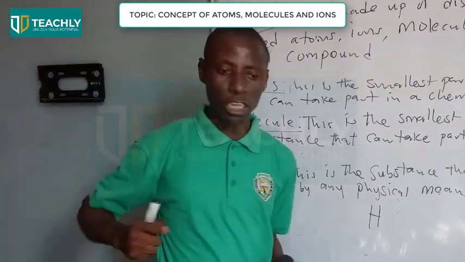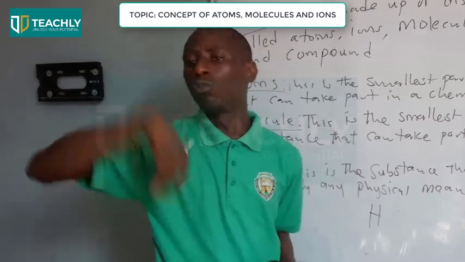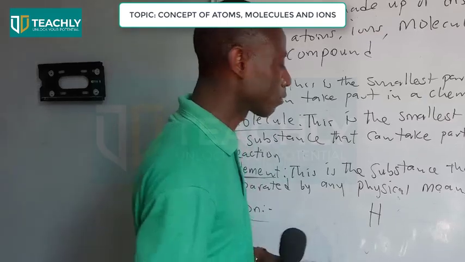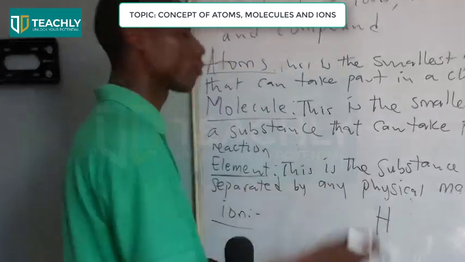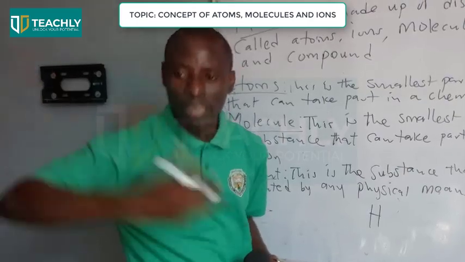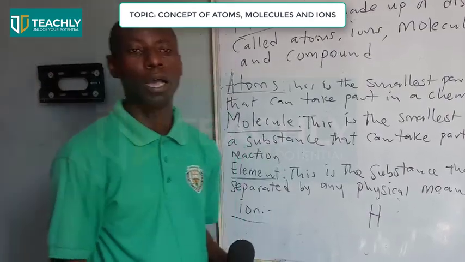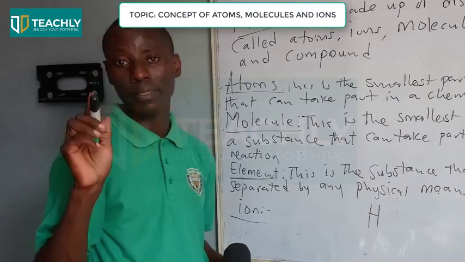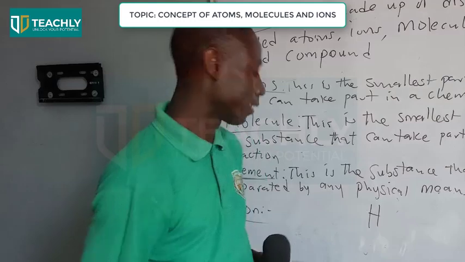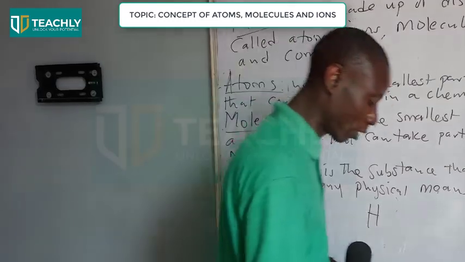They are those elements that become charged by losing electrons. So when something gives electrons out, they are positive ions. But when they accept electrons, they are negative ions. Generally, all metals are positive ions, while non-metals are negative ions.